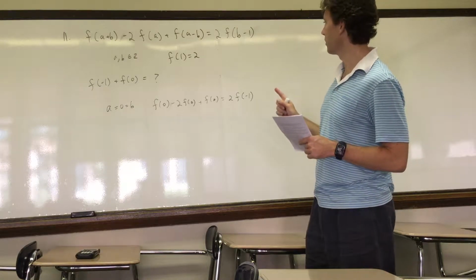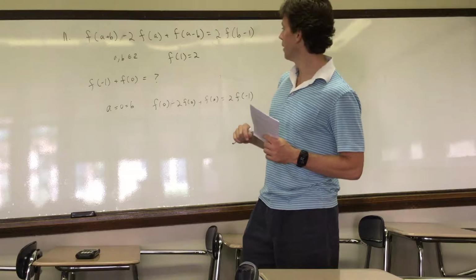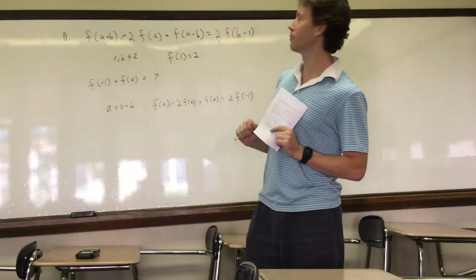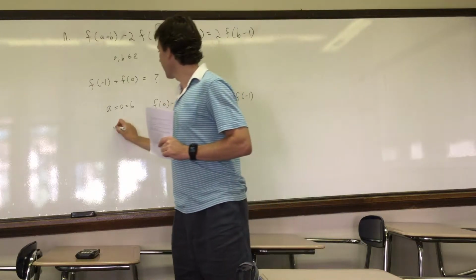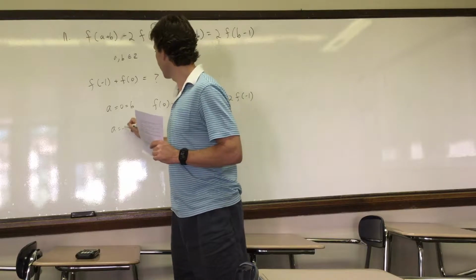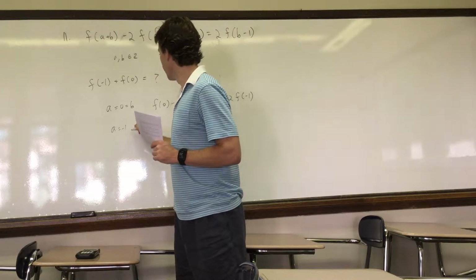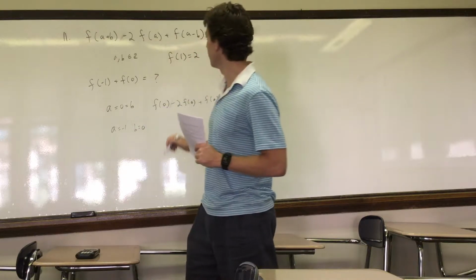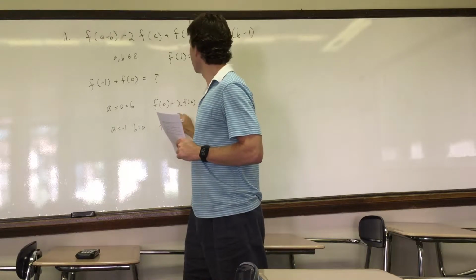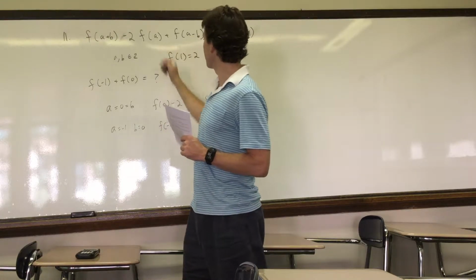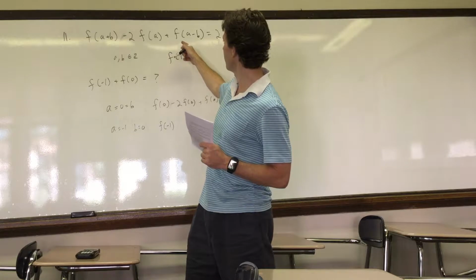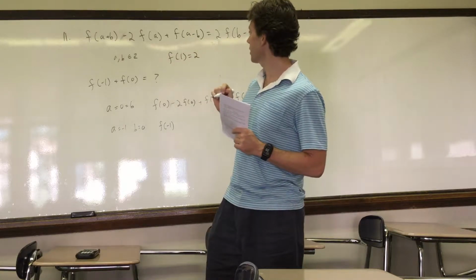Okay, that doesn't help me out a lot, because I don't know f(0) or f(-1). But if I let a equal -1 and b equals 0, I'm going to get f(-1) minus 2 f(-1) plus f(-1).